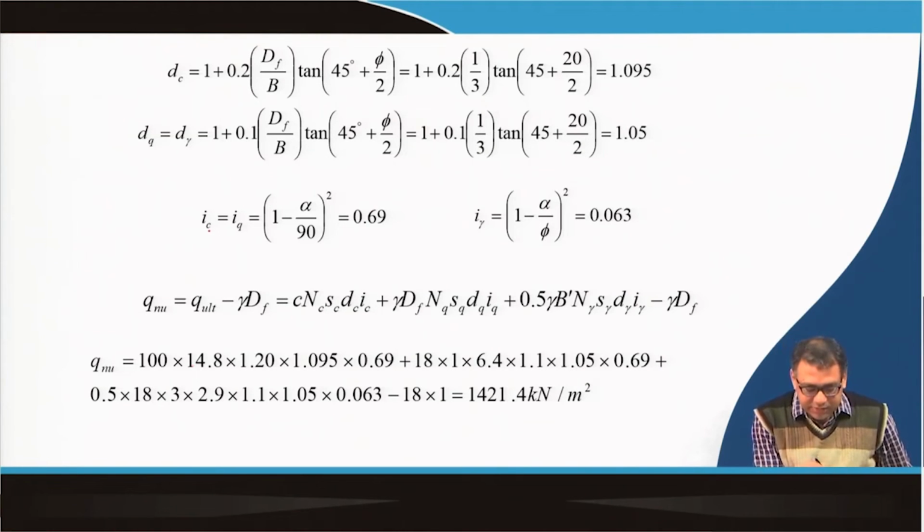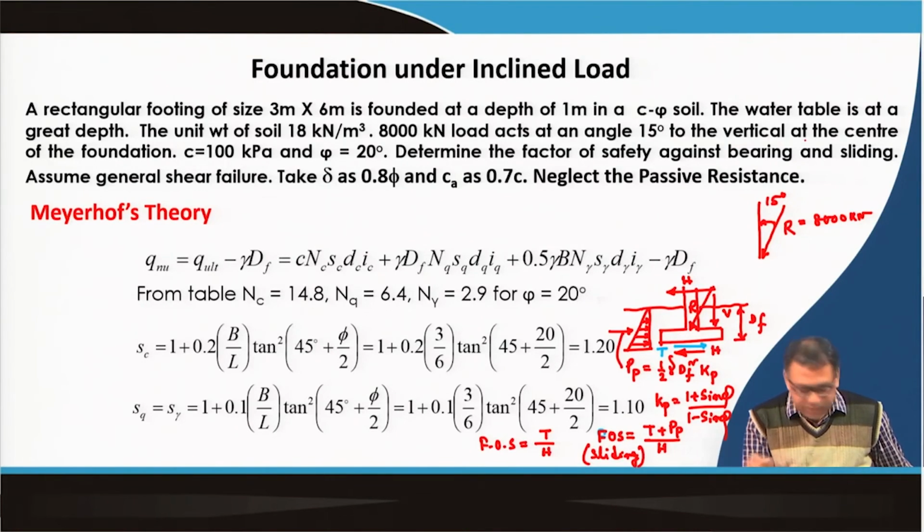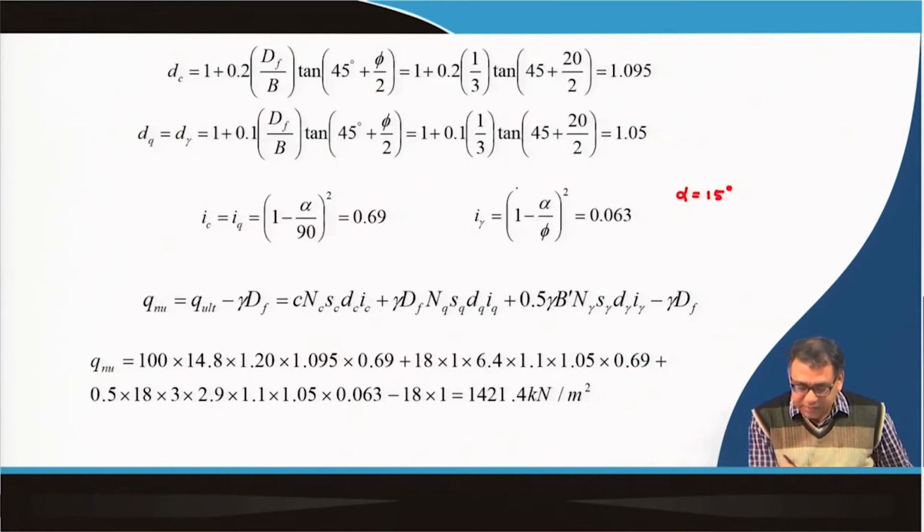Now, for the inclination factors I_c, I_q, this alpha is 15 degrees, and alpha is measured with the vertical, as given. If you put the 15, I will get these correction factors. Now, if I put these values in the equation, finally I will get a value of 1421.4 kilonewton per meter square.